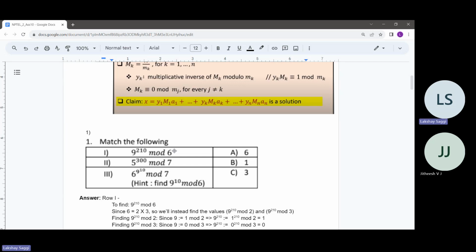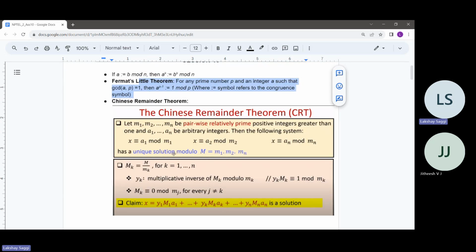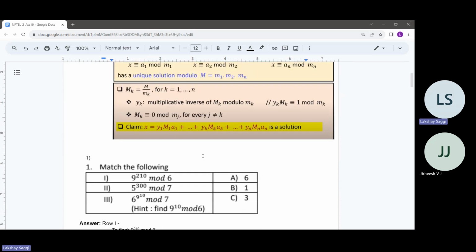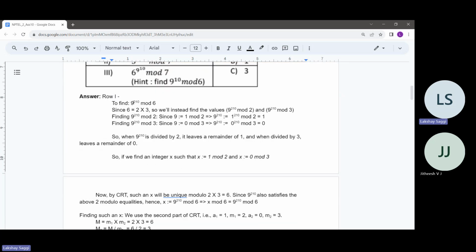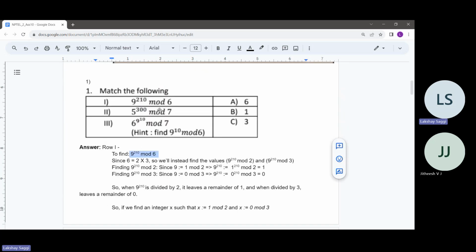So what does the Chinese remainder theorem state? It states that if a number x satisfies these modular equalities, that x is congruent to a1 mod m1, a2 mod m2, till an mod mn, then we'll have a unique solution modulo capital M. So what we try to do here is, instead of finding 9 raised to the 210 mod 6 directly, we first do the prime factorization of 6 as 2 times 3.